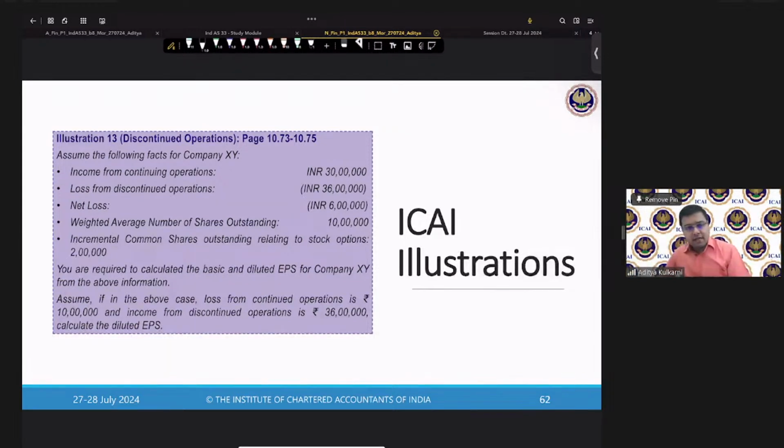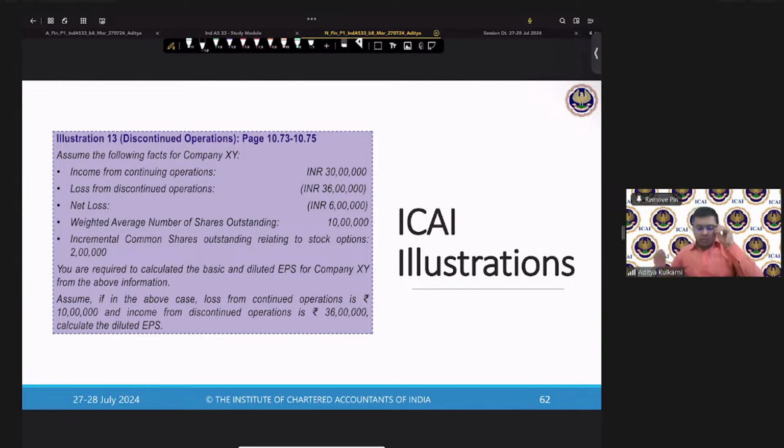Tomorrow, on the other front, I think we will require only about a maximum of 1.5 to 1 hour 45 minutes to run you through the other concepts, because I presume you would have gone through the sessions which were recorded. I will just run you through that and then we'll be through with Ind AS 33.